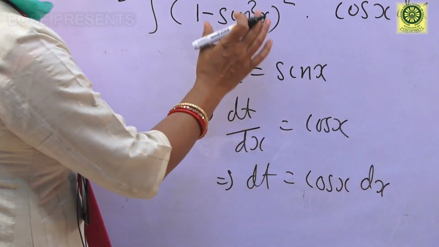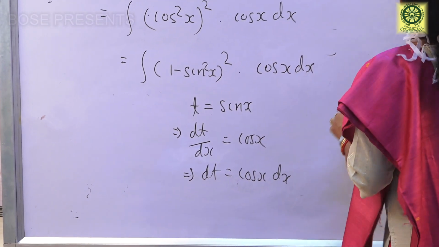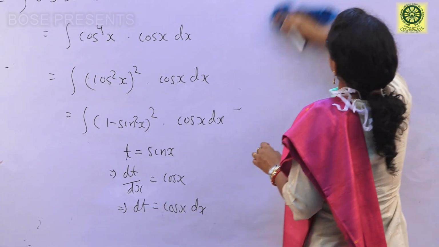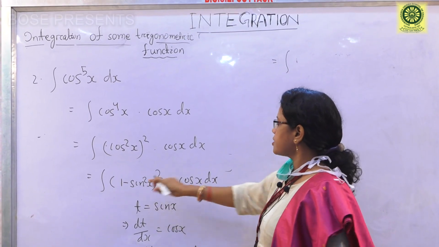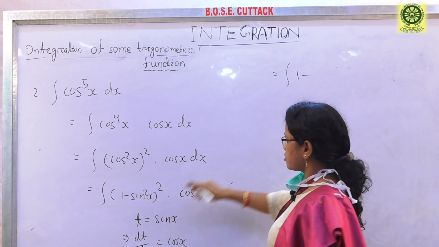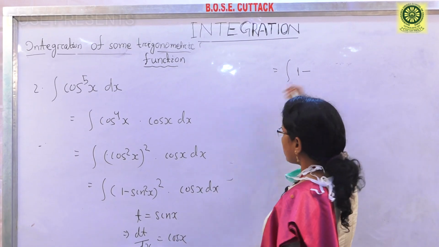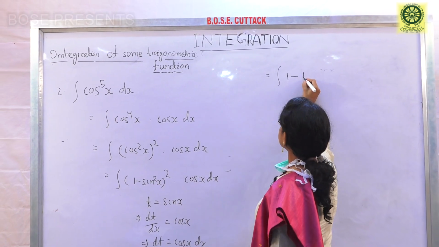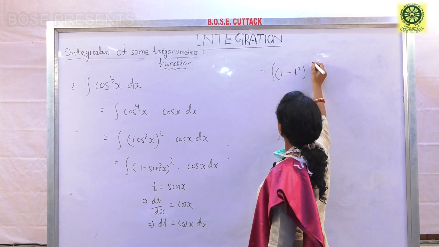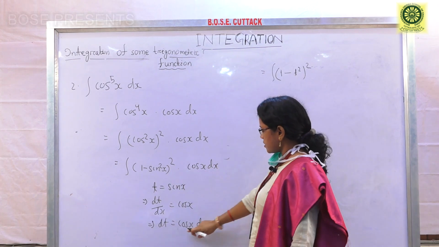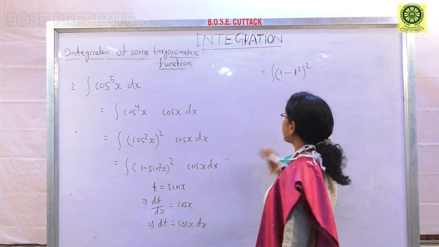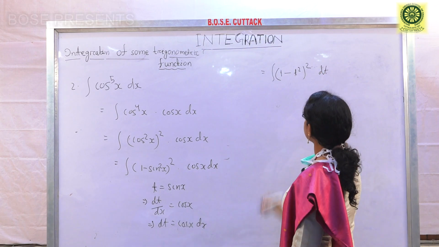Then by using this substitution, our integral transforms to 1 minus, since t equals sin x, sin square x is replaced by t square, whole to the power 2, into cos x dx, which can be replaced by dt.